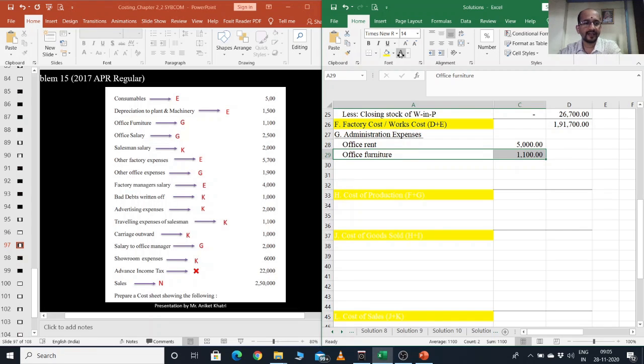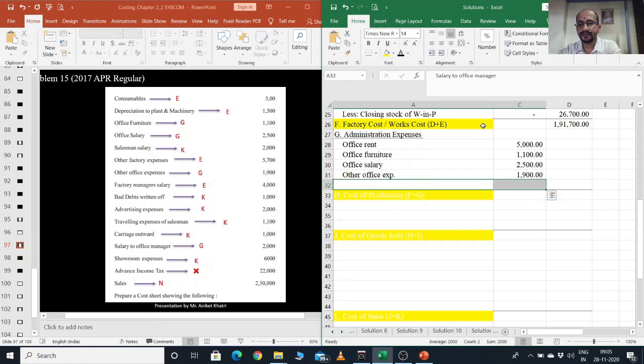1100. Next, office salary 2500. Next is of other office expenses 1900. Next is, this is salary to office manager 2000.